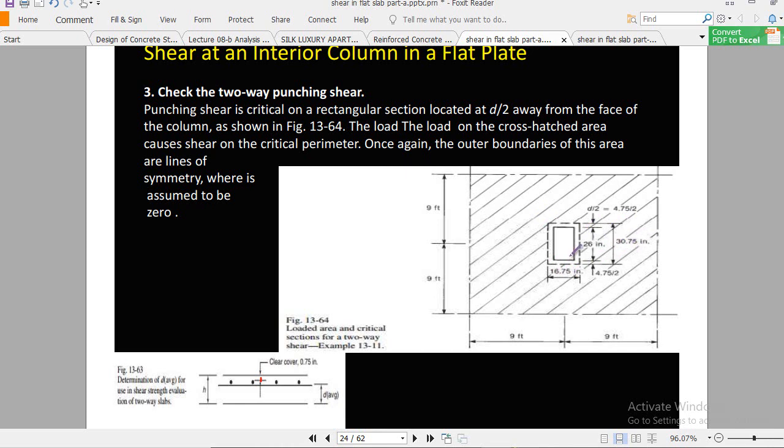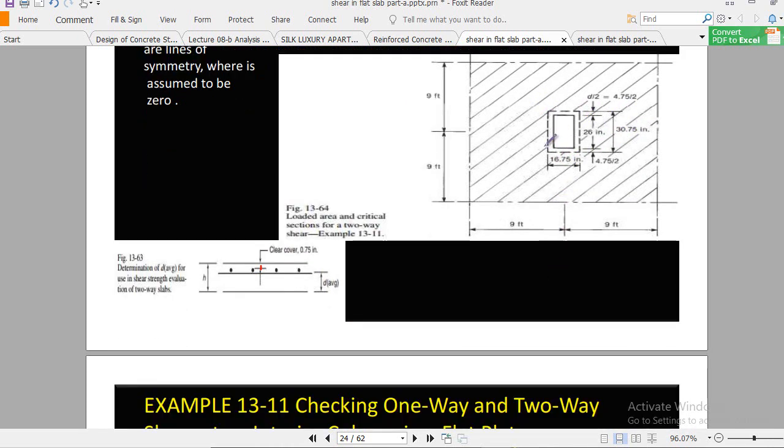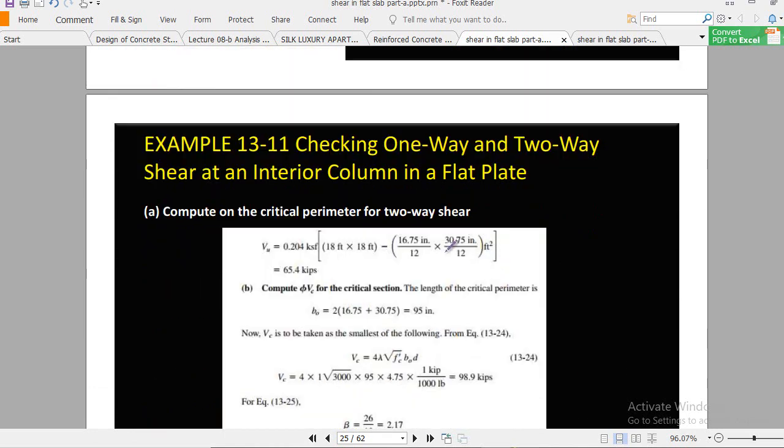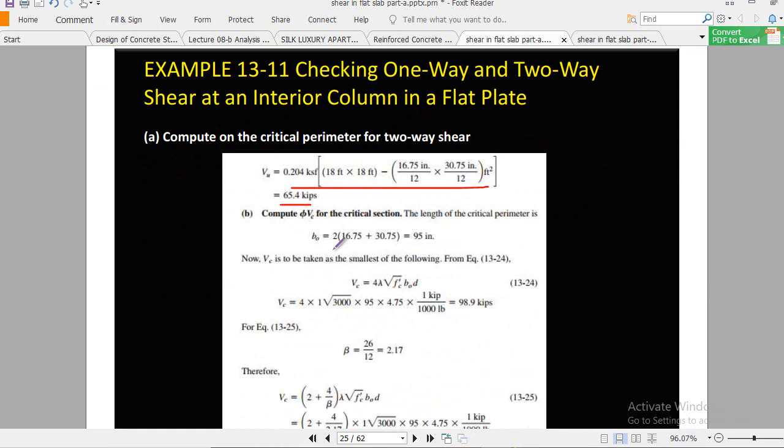Multiply them and you get the total interior area. You just need to subtract this area, 16.75 multiplied by 30.75, from the whole area. This is the way they did it. We got Vu as 65.4 kip, and now we have to use those three equations.